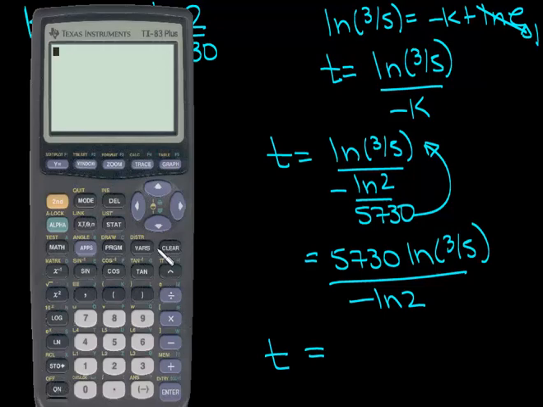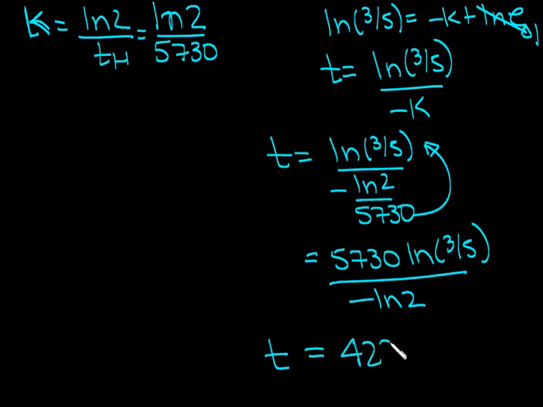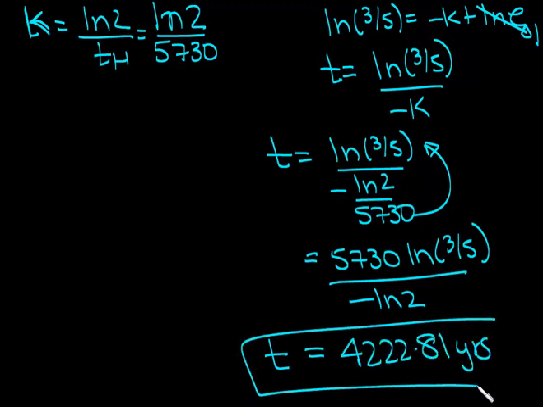We have 5730 times ln of 3 divided by 5, and you divide that by negative ln of 2. So we get 4,222.81 years. That's how long it'll take.